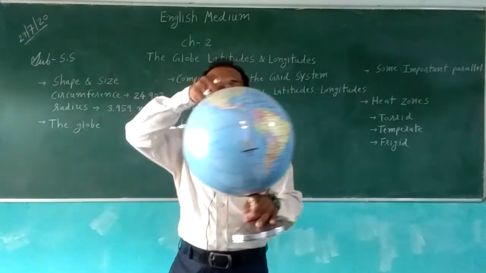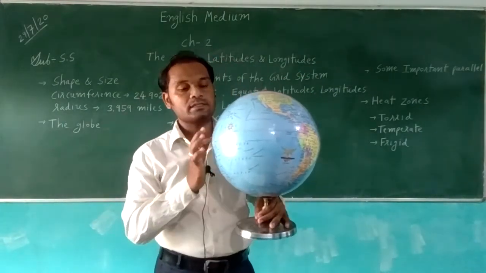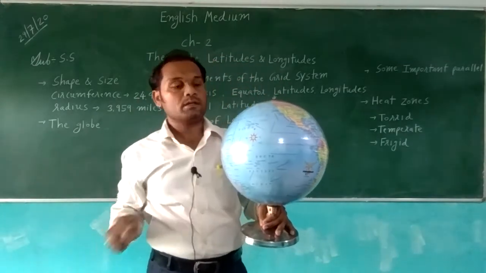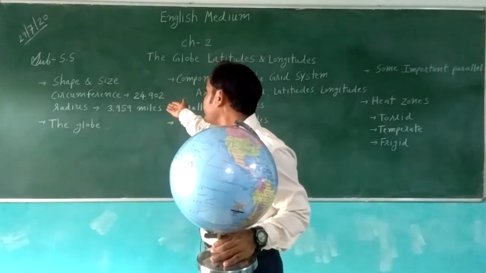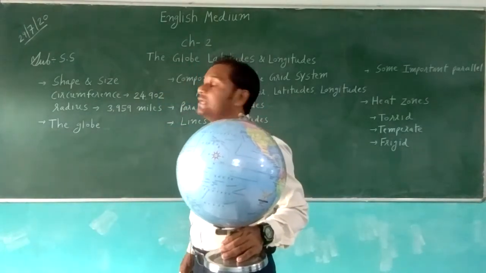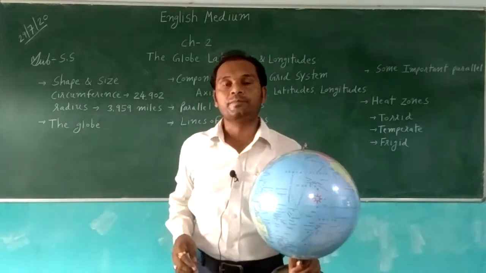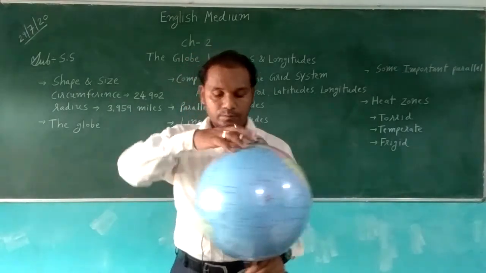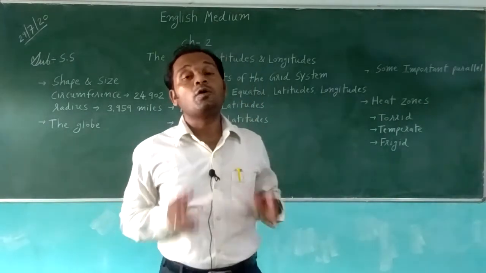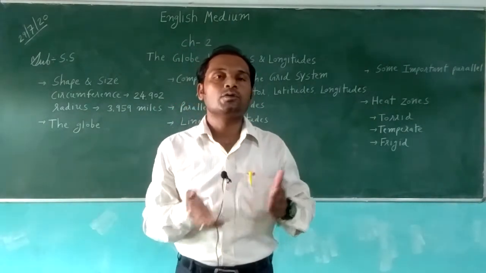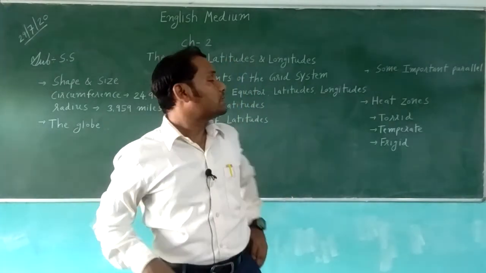The other circles are smaller, but the equator is the greatest circle, and its circumference is 24,902 miles, and the radius from the center of the Earth is 3,959 miles. It divides the whole Earth into two parts, northern hemisphere and southern hemisphere.